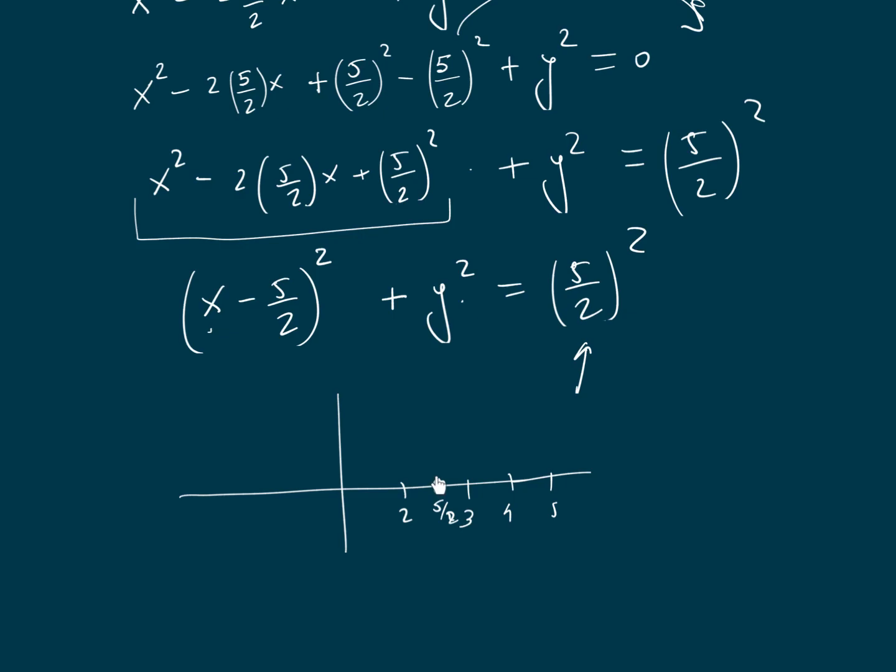So this is the center of the circle, and the circle has a radius of 5 divided by 2.